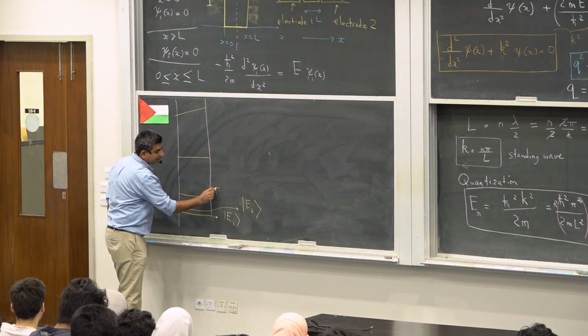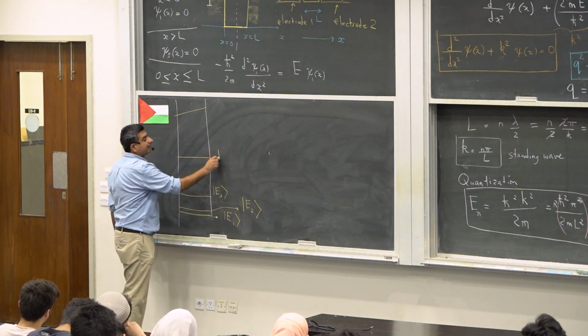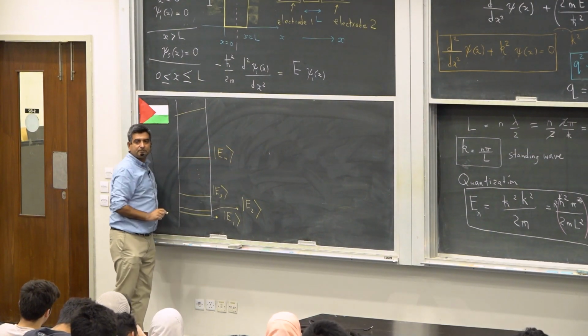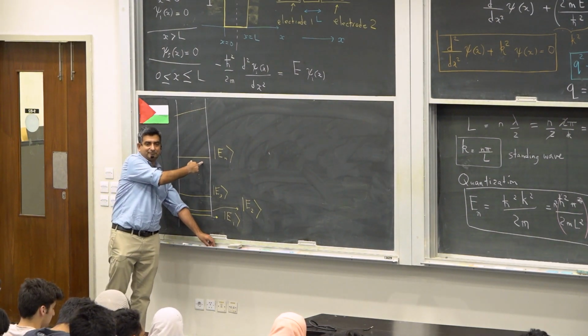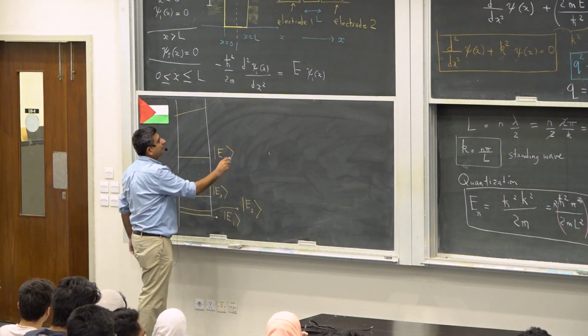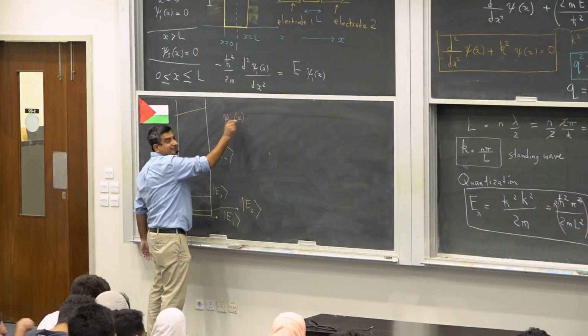Ket E3. Likewise, ket En. Right? So these are kets. And if I want to write the function for this energy level, this ket, that will be psi n, which is now a function of x.